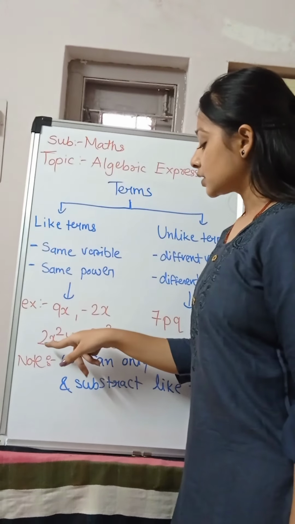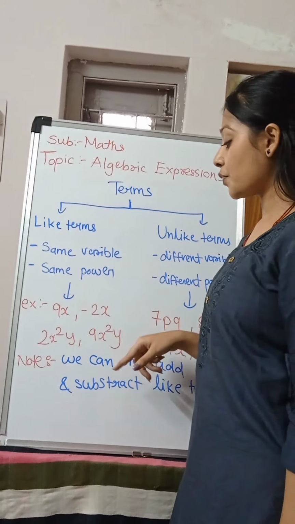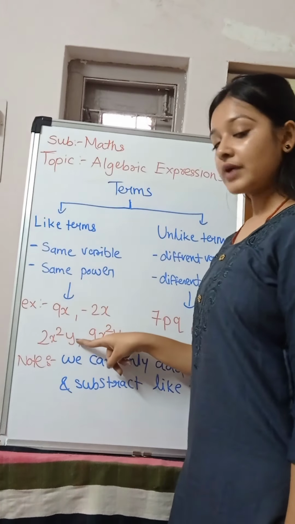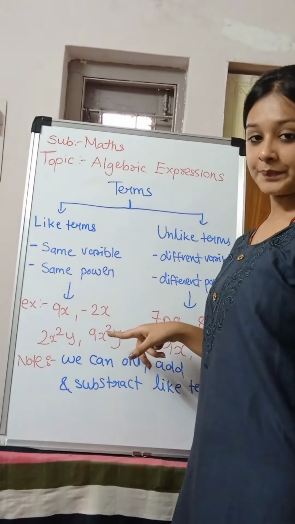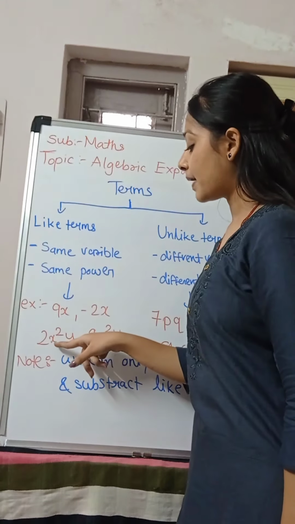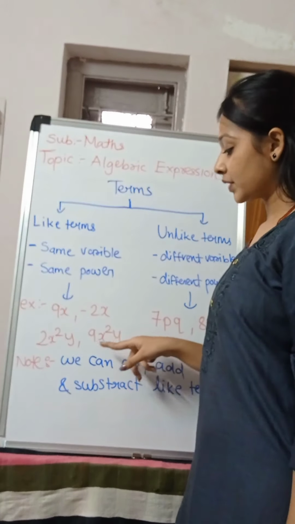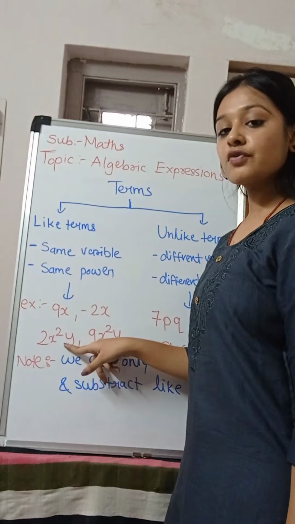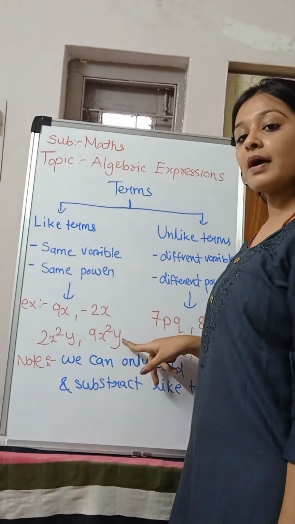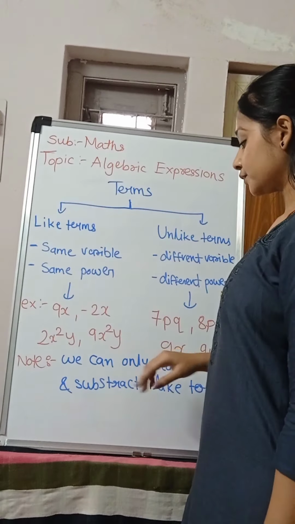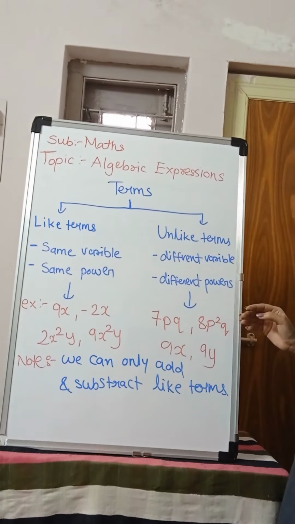Next, the example is 2x square y and 9x square y. Here we have x and y as variables, and here we also have the variables x and y. The power of x is 2 here and also 2 here. The power of y is 1 here, and here also the power of y is 1. So these two are like terms. Now unlike terms.